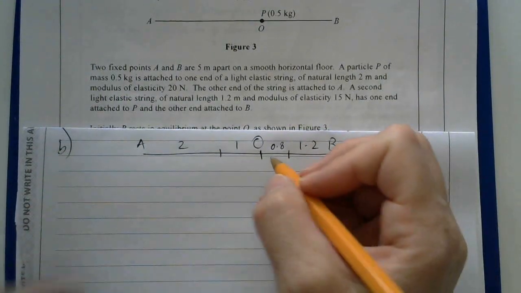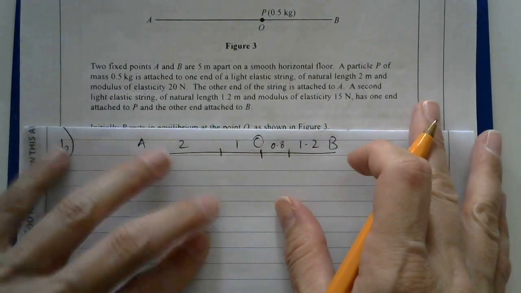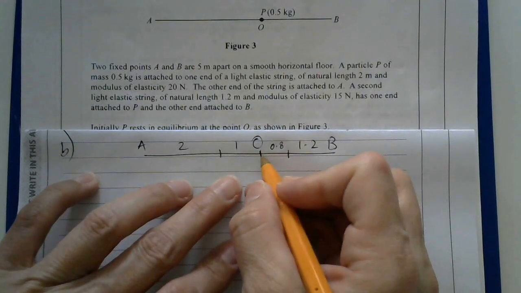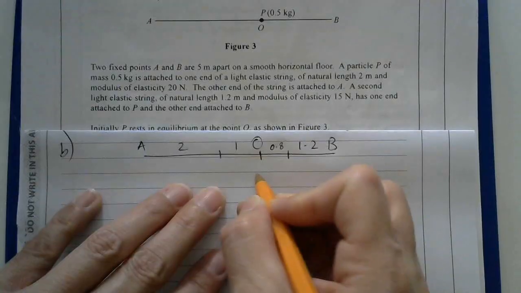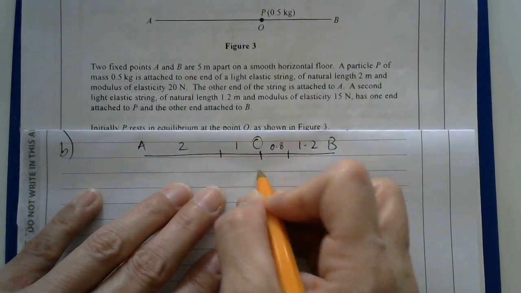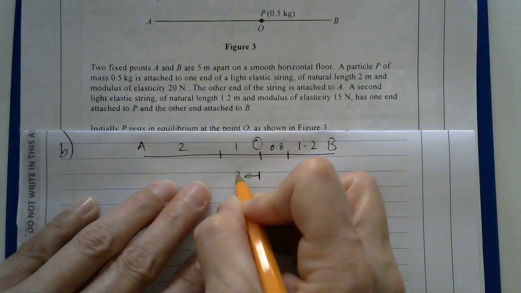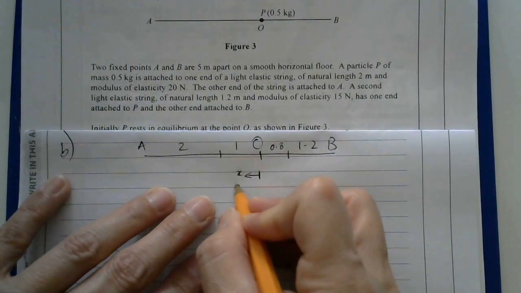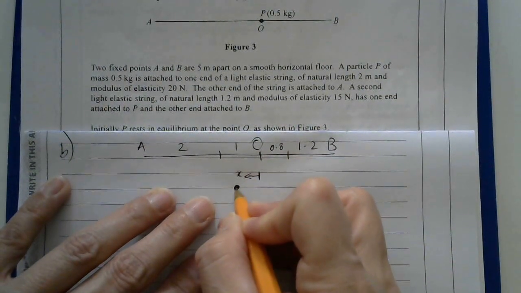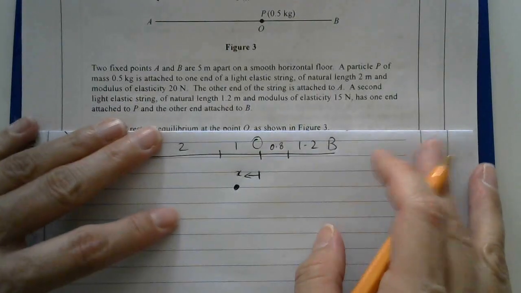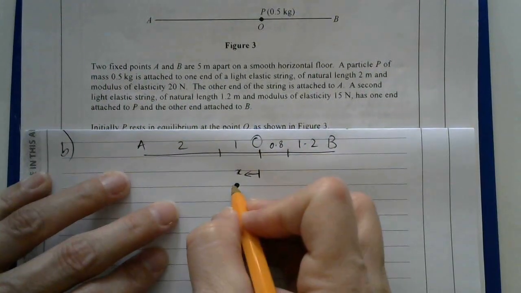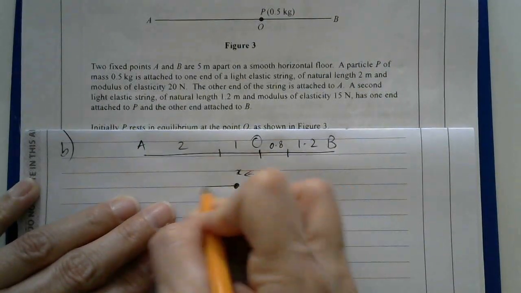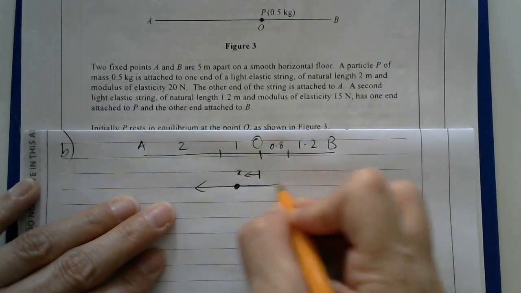Okay, so when the particle is displaced a little bit from here, and we were told it's displaced in this direction, so x is measured from here in this direction, then the particle is going to be here. And so now I need to again consider the forces on each side.